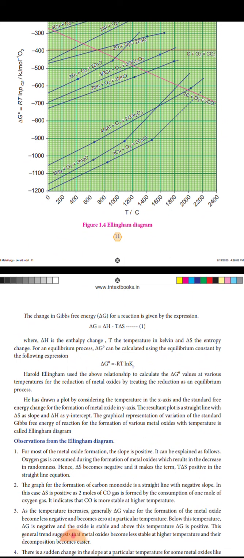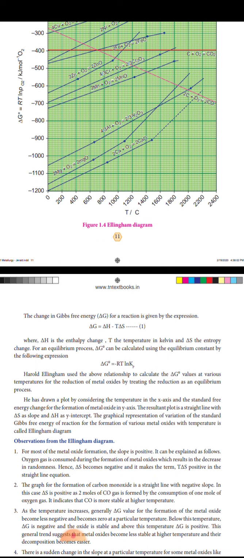For an equilibrium process, delta G0 can be calculated using the equilibrium constant by the following expression: delta G0 is equal to minus RT ln Kp. Harold Ellingham used the above relationship to calculate the delta G0 value at various temperatures for the reduction of metal oxides by treating the reduction as an equilibrium process.